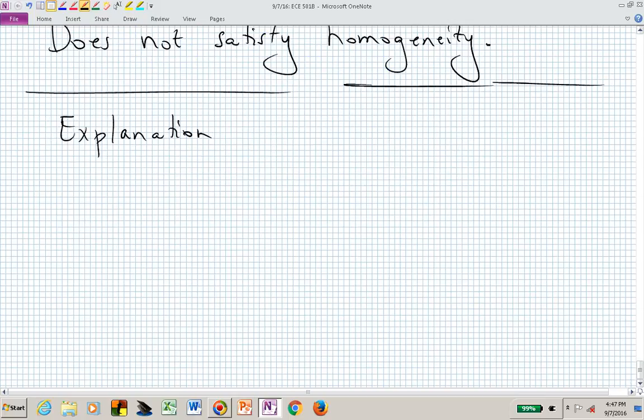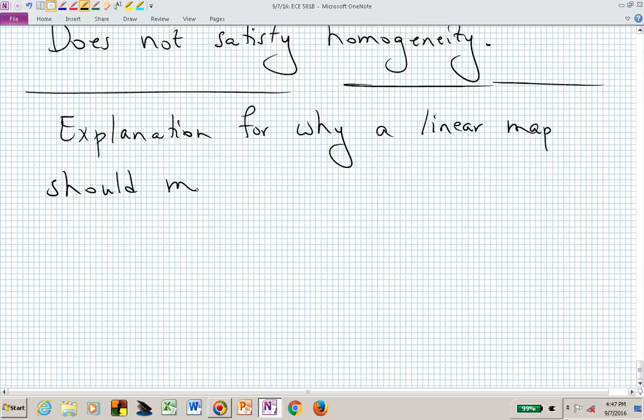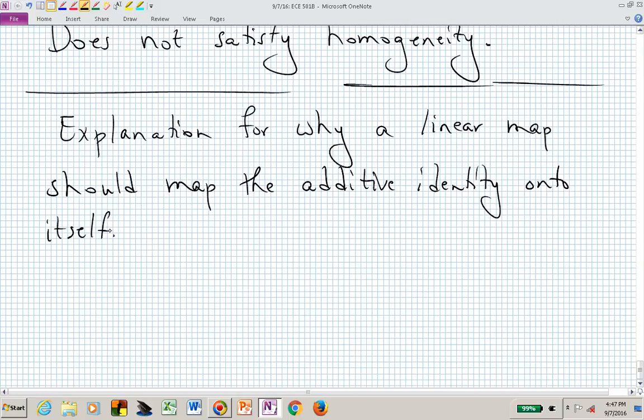So here's an explanation for why a linear map should map the additive identity, which is the 0 vector, onto itself.